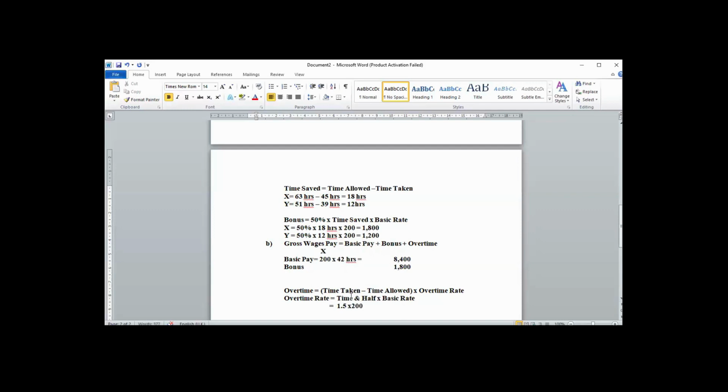What do we have? 1.5 times 200 is 300. That is what we are saying, that overtime pay is always higher than the normal pay. We have calculated the rate. Then looking at overtime for X now.